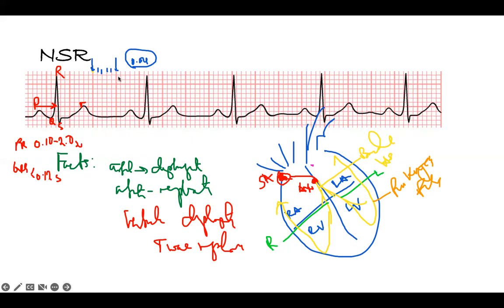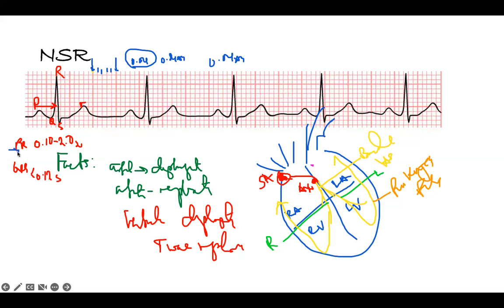So you keep on calculating. You add the little boxes, each one is 0.04. So you can multiply. If there are 3 boxes, then you multiply 0.04 times 3. So you have to count the number of boxes.